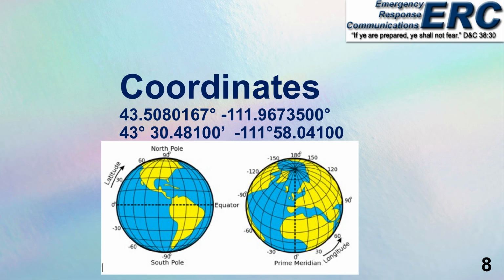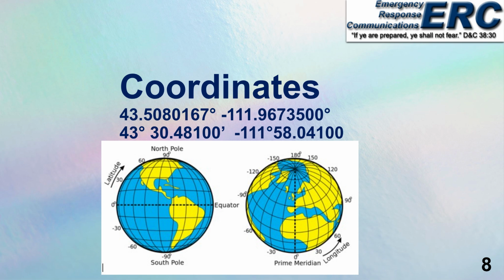Looking at the globe on the right, the Earth is divided into 360 degrees around the equator. These lines go straight north and south from pole to pole. 0 degrees is at Greenwich, England, which is where the Maidenhead locator system grid 0 is located. This is on the center of the globe. This is designated longitude. Positive longitude is to the east, and negative longitude is to the west.